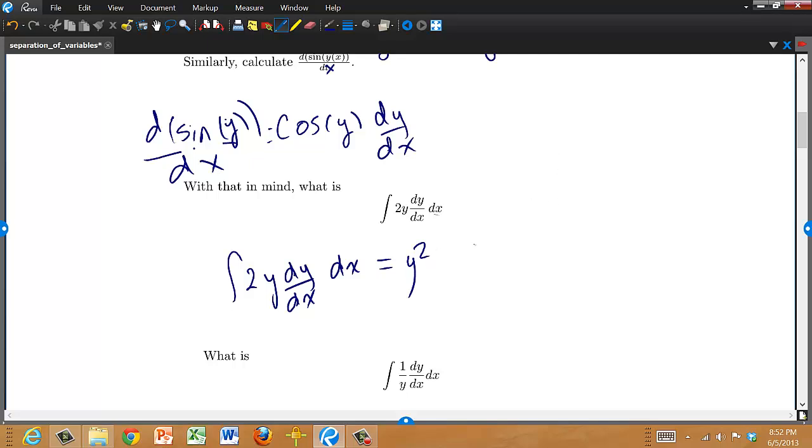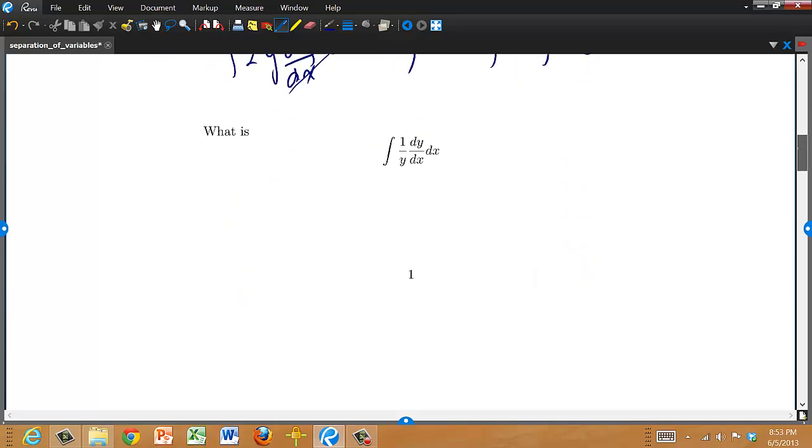And notice there's sort of a mnemonic device here that the dy dx's can cancel. Now that's not really mathematically too sound to do, but it's okay in this case. So this is really just the integral of 2y dy. And if you wanted to do a u substitution, you'd find out that's right.